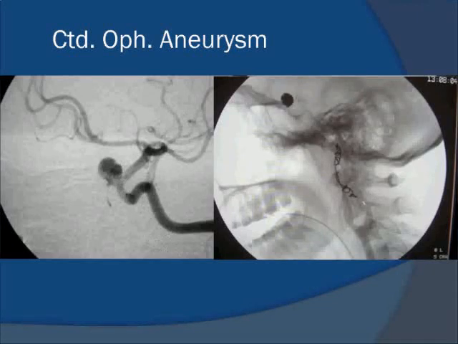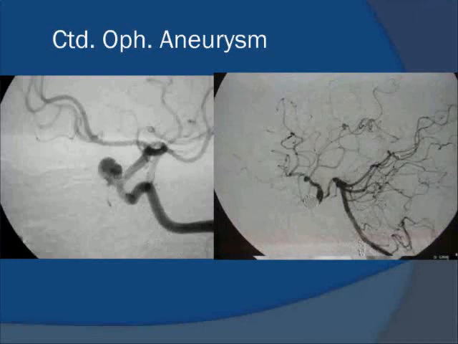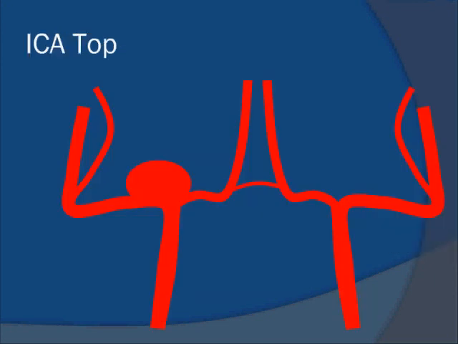So what we did was we put coils into the aneurysm, also put coils in the parent artery just to ensure that the aneurysm does not recanalize at all. So here is the injection made into the vertebral artery, showing the ICA filling through the posterior communicating artery with no longer any filling of the aneurysm.